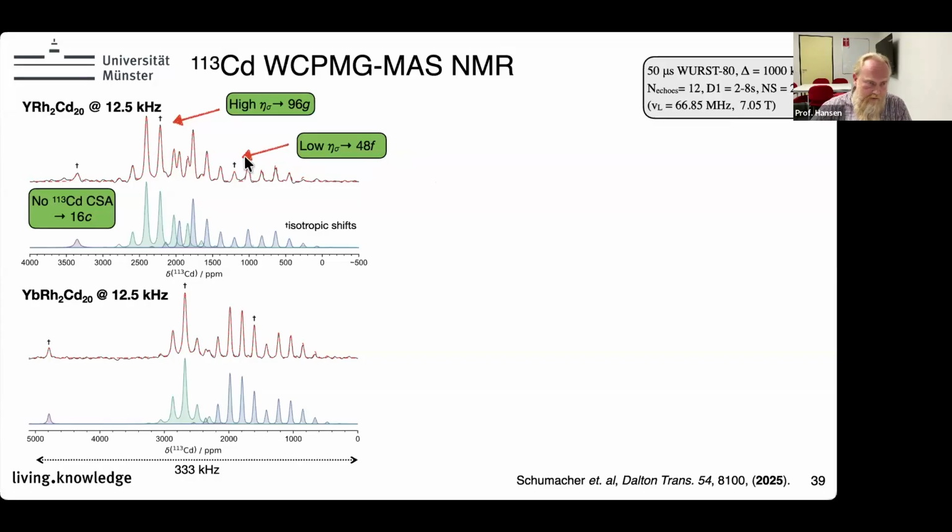And here we have a lower value for the asymmetry parameter for this CSA, or shift anisotropy. So we assign this to the 48f position. Of course, we would need to do DFT to really confirm this.